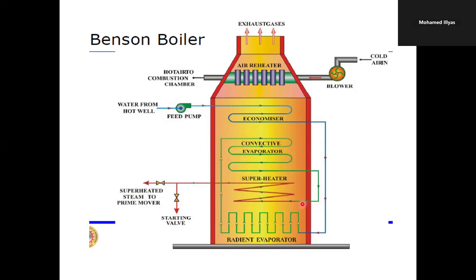The dry steam is supplied to the superheated tubes, where the temperature of the steam is increased as well as the pressure. So the high pressure, high temperature steam is supplied to the steam turbines from the superheated tubes to drive the electrical generator.